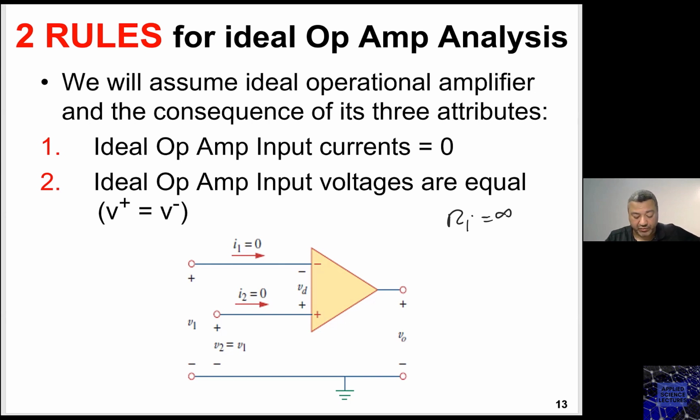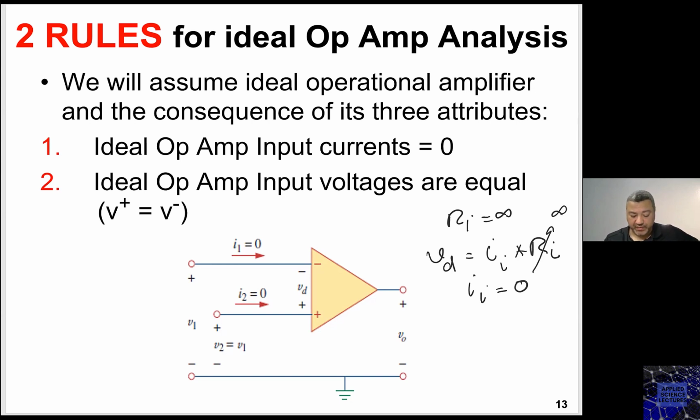So if I go back to here and say that this VD is Ri times the current, then if Ri is infinity, the current would be zero, right?